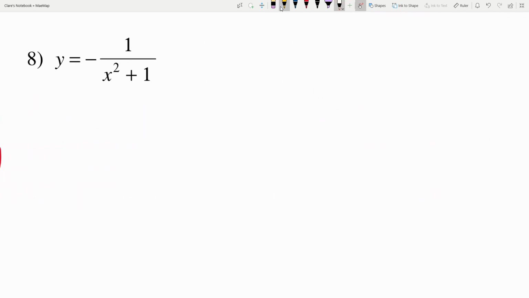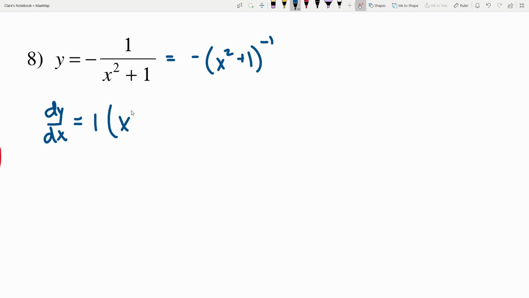In number 8, in this case, I'm going to go ahead and write this as negative x squared plus 1 to the negative 1. And I'll do chain rule with this one. So bring down that negative 1, so that's going to be a positive 1. And this is what dy dx is going to be, because now I'm taking the derivative after I rewrote it, times x squared plus 1 to the, well, negative 1 minus 1 is going to be negative 2.